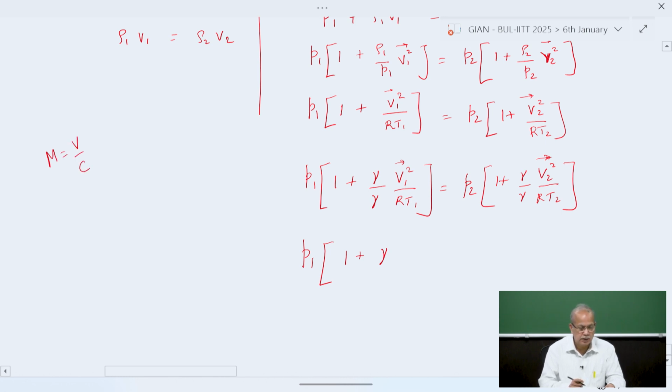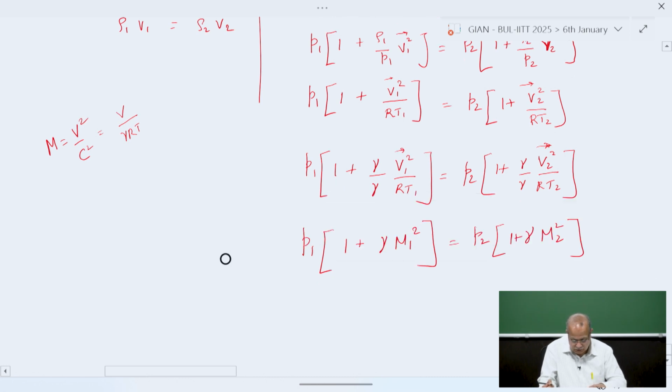Mach number is V by C. So V square by C square, with C square equal to gamma RT, can I write here M1 square? That is equal to P2 into 1 plus gamma M2 square.